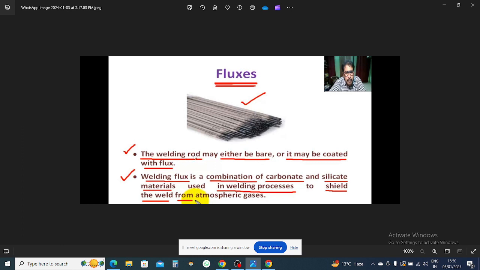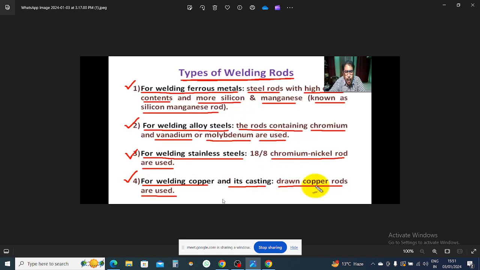The welding rod may either be bare or coated with flux. Welding flux is a combination of carbonate and silicate material used in the welding process to shield the weld from atmospheric gas. Atmospheric gas is O2, oxygen.